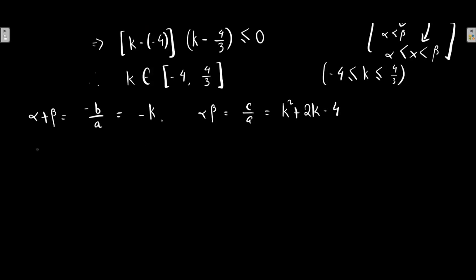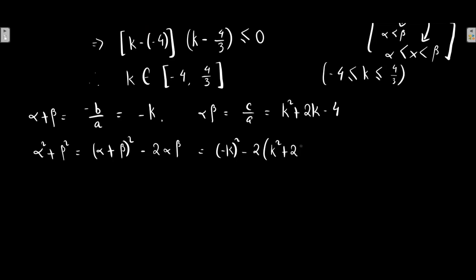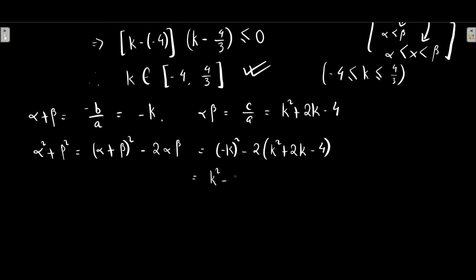Okay, so let us find out the value of alpha square plus beta square now. This will be alpha plus beta whole square minus twice alpha beta, which gives minus k whole square minus 2 times k square plus twice k minus 4. So this becomes k square minus 2k square minus 4k plus 8.